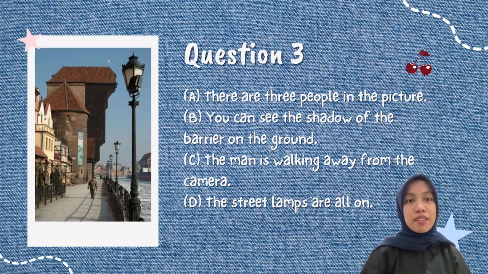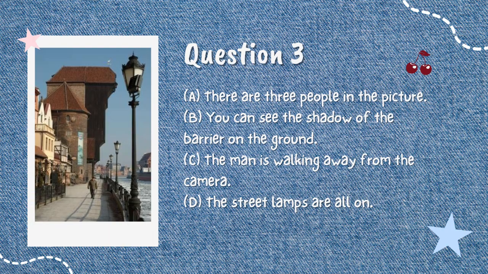Let's look at the first image. A. There are 3 people in the picture. B. You can see the shadow of the barrier on the ground. C. The man is walking away from the camera. D. The street lamps are all on.